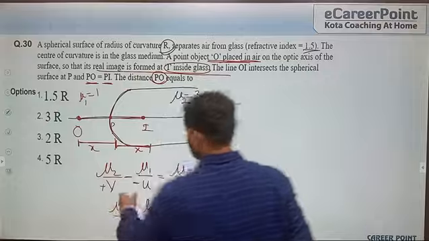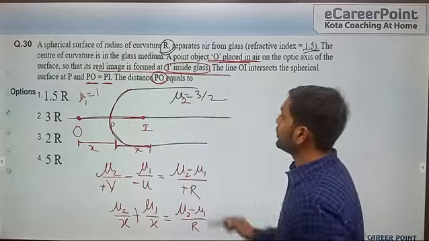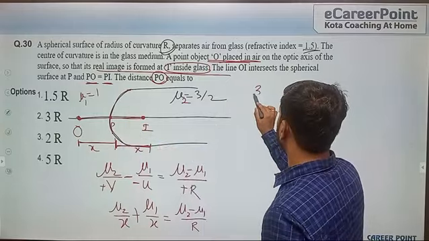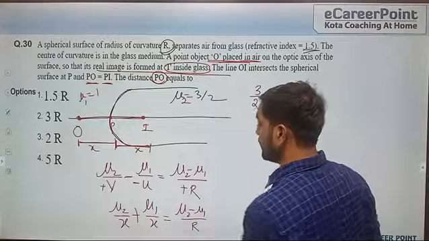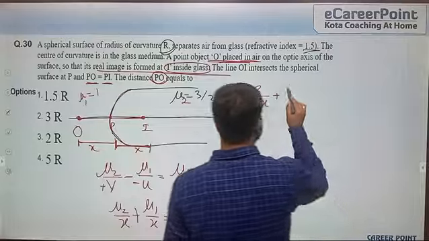Okay, so let us substitute the values. This is mu2 and this is mu1. So mu2 is equal to 3 by 2, and mu1 is equal to 1.